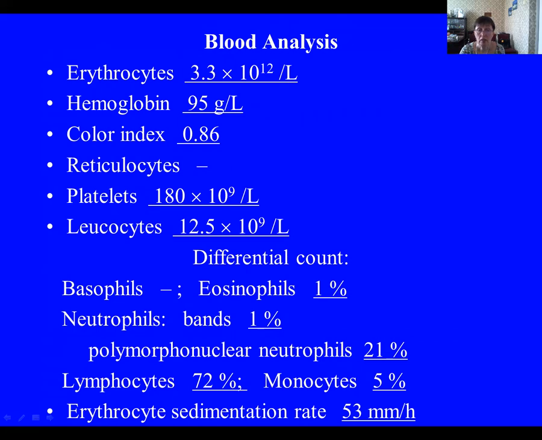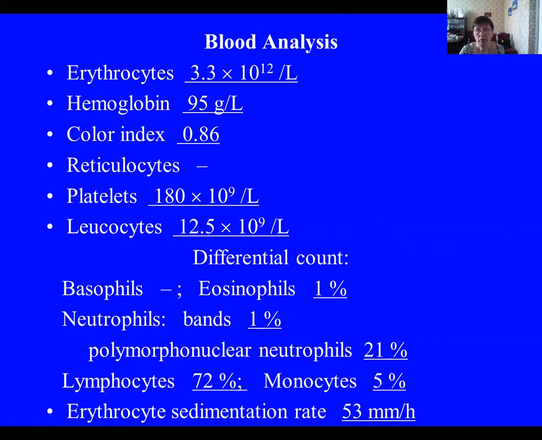And in this particular analysis, we can pay attention to the high level of leukocytes and the high level of lymphocytes in the differential count, and a very high erythrocyte sedimentation rate.